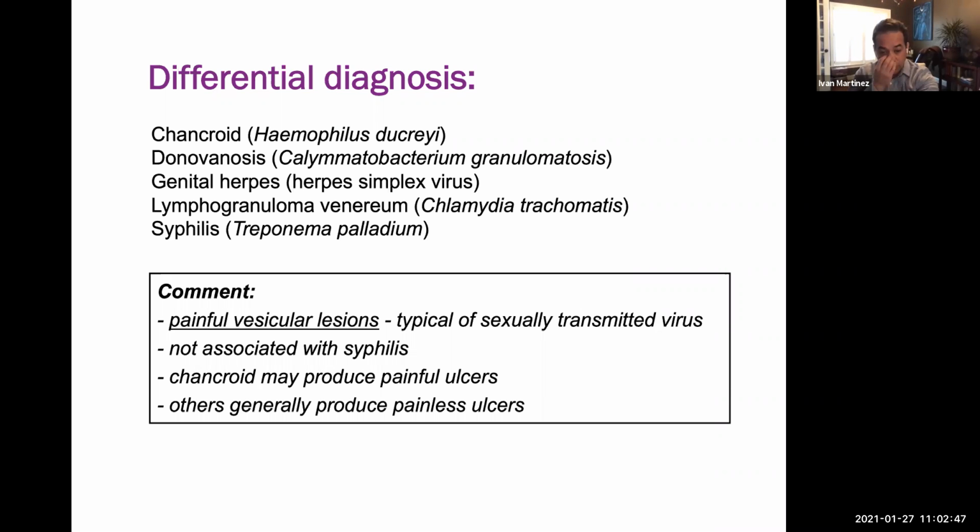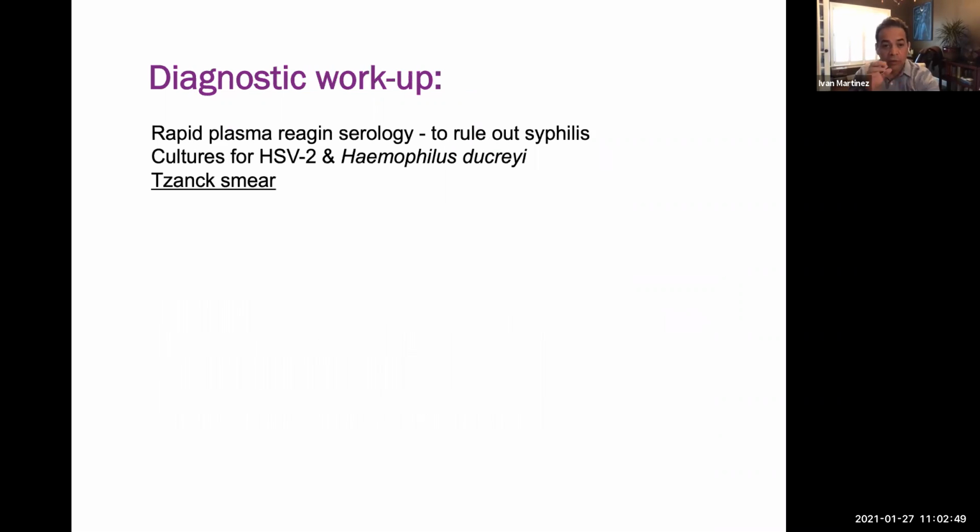For the diagnostic workup, you do a rapid plasma reagin serology to rule out syphilis. You can culture HSV2 and Haemophilus in vitro, and you can look for Tzanck smears.